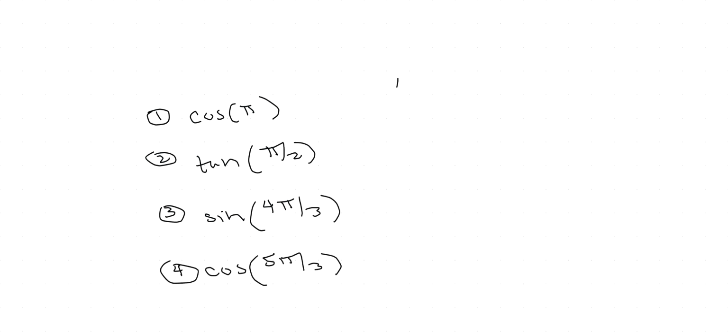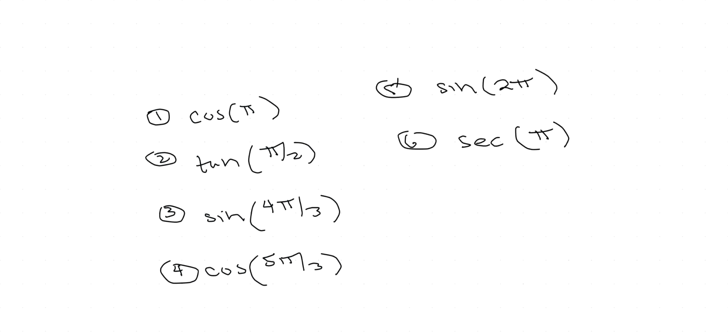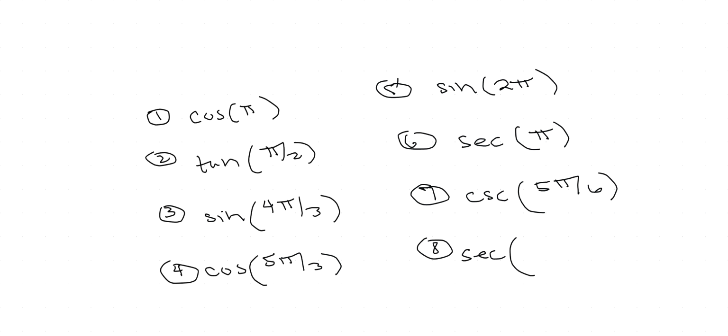What's sine of 2 pi? What's secant of pi? Cosecant of 5 pi over 6? Secant of 11 pi over 6. So you should be able to just find these, plus any other angles that could come up around the circle.